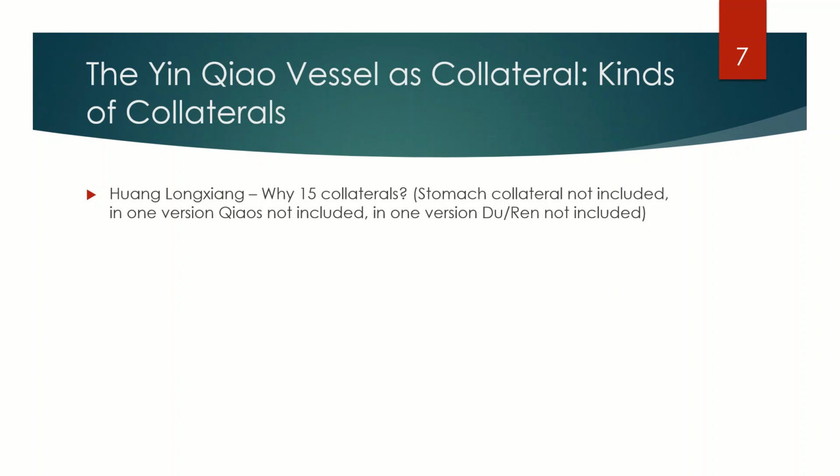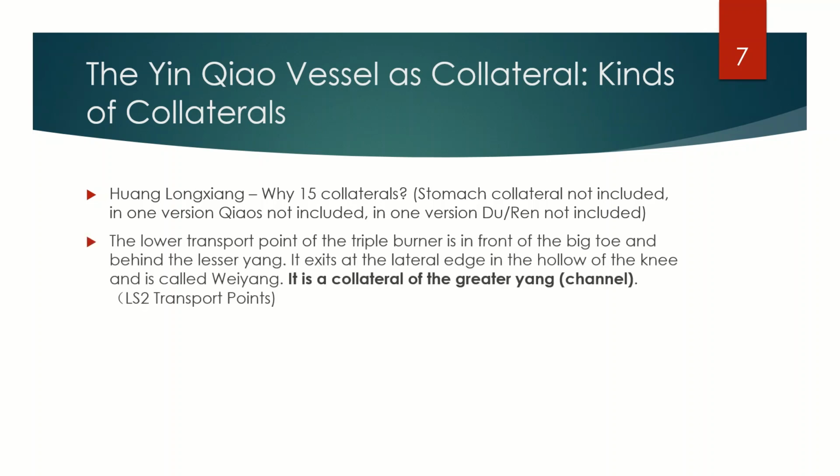For instance, Xu Li, the collateral of the stomach, is not included. In one version, Du and Ren are not included. That's the Classic of Difficulties, and they're not included due to the inclusion of the Qiaos. And then vice versa, actually, in the Inner Canon.